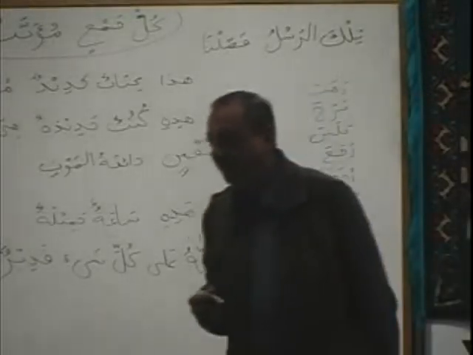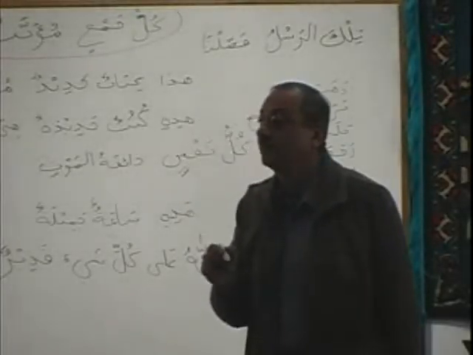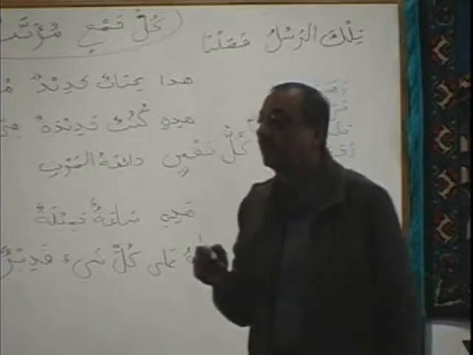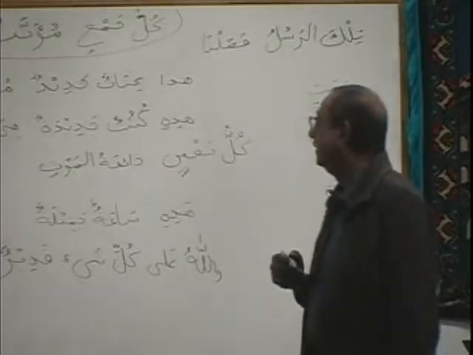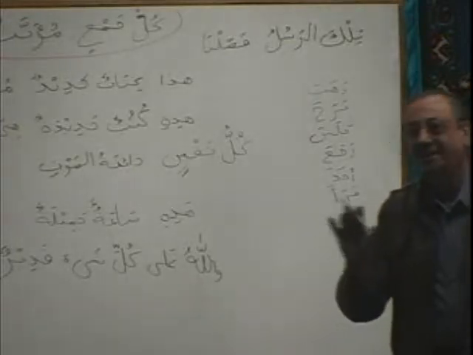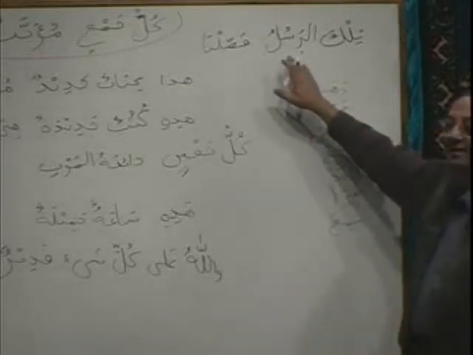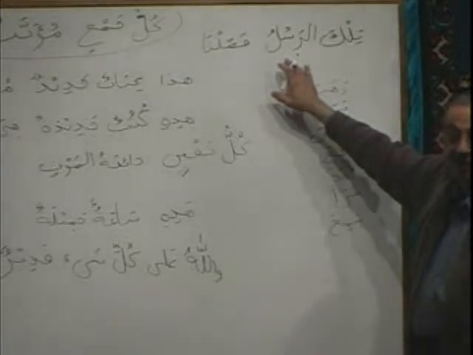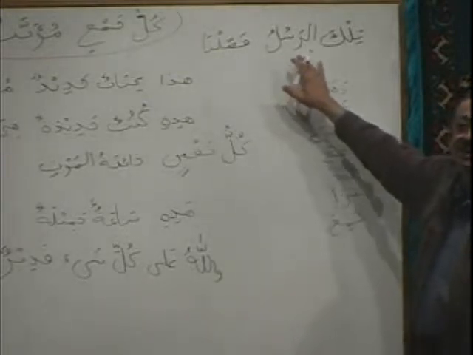Tilka rusulu faddalna ba'dahum ala ba'din. Because we have not done maf'ul bihi, I am not going into detail. Why tilka rusulu, and not ulaika rusulu? Here Allah subhanahu wa ta'ala is using a broken plural, which is aqil, as a singular.